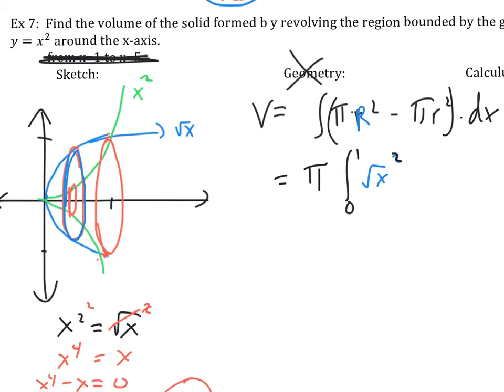Putting in my function, in this case it's the outer function, or the upper function, you could think of it that way. So that's my big radius squared, minus my little radius, which is my inner function. This inner circle is created by my lower function, which is x squared. And I'm squaring that because my formula says to square it.